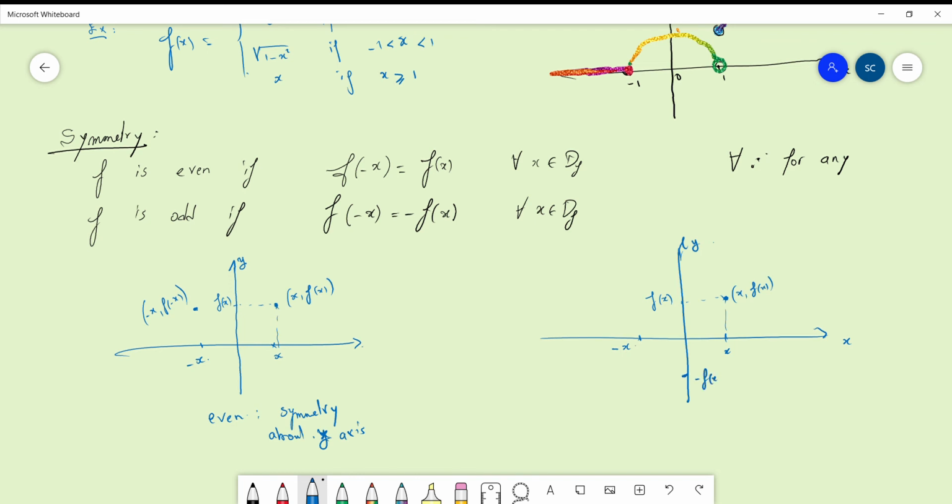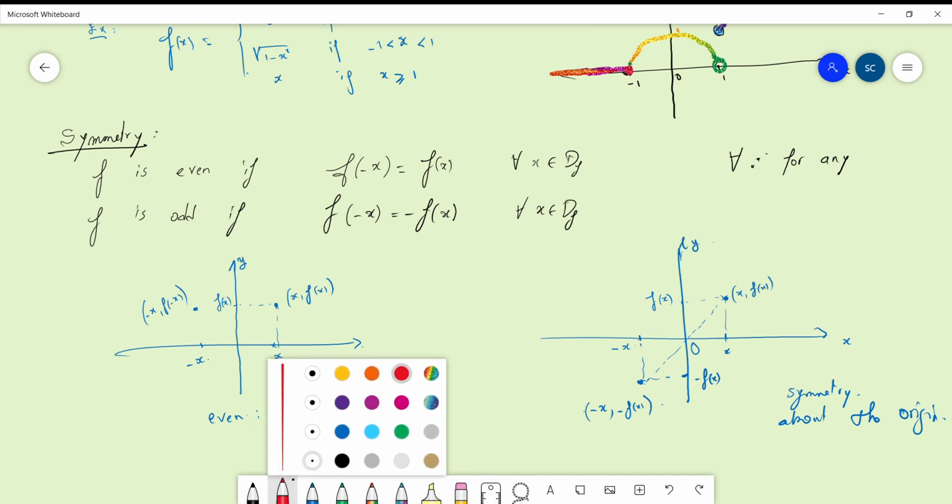So the position of the point with coordinate minus x has second coordinate minus f of x, okay? So if you now compare geometrically, there is a symmetry. The two points are symmetric about the origin, okay? So we have symmetry about the origin. Well-known functions, I'm sure you know them.